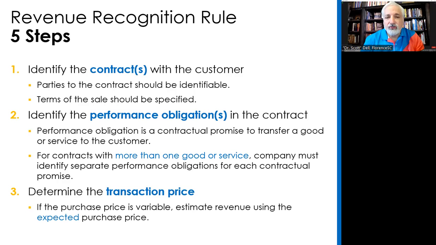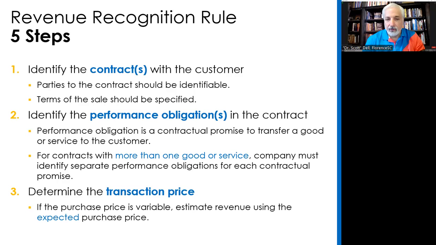The key is finding performance obligations in the contract or the agreement. It's a contractual promise to transfer a good or service to the customer. And when there's more than one good or service, we must identify separate performance obligations. So there might be multiple obligations, and each can be tracked separately for revenue recognition.